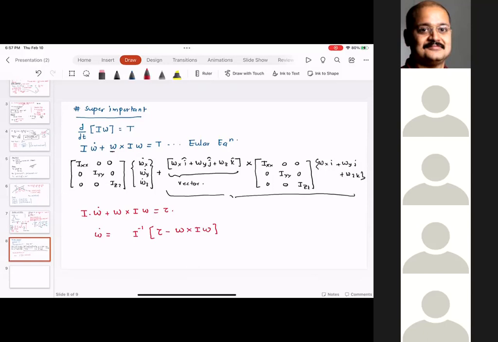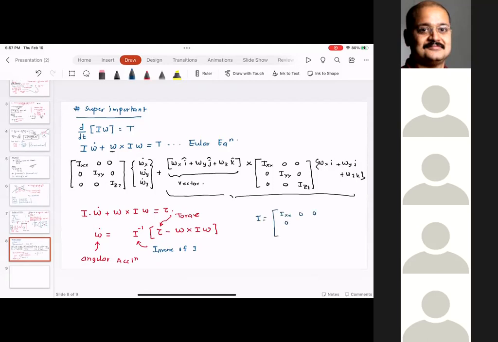So this is the equation that I would like to derive, where I have the rate of change of angular velocity, which is the angular acceleration. This is the torque, and this is the inverse of the inertia matrix I.